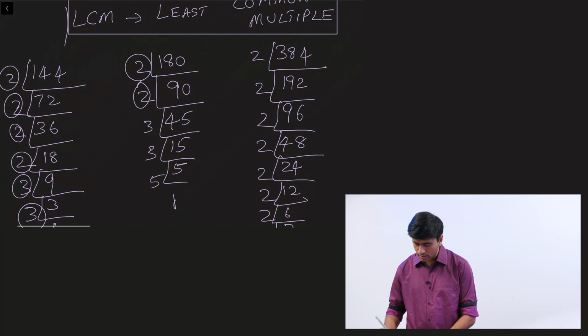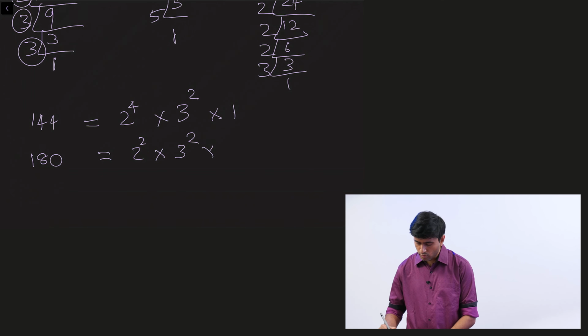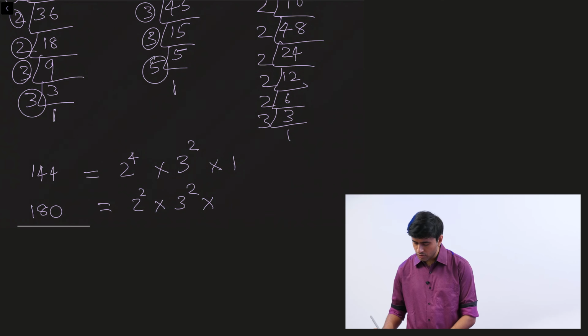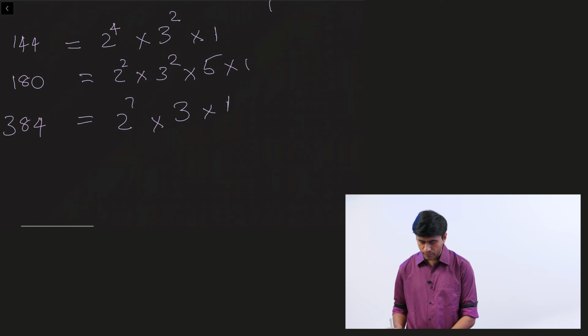So that is 2 square into 3 square into 5 into 1. What about 384? It's got 1, 2, 3, 4, 5, 6, 7 2's. So it is 2 to the power of 7. And how many 3's? 1 3 and 1.